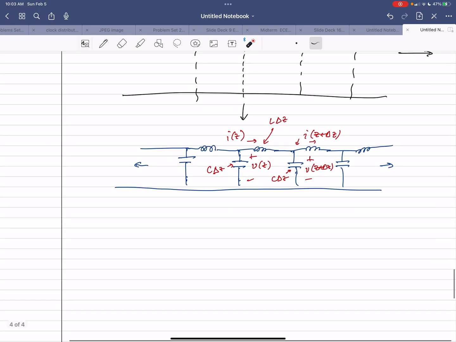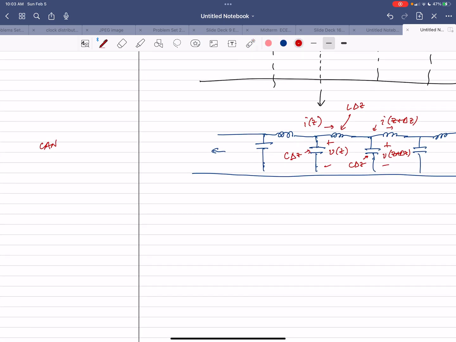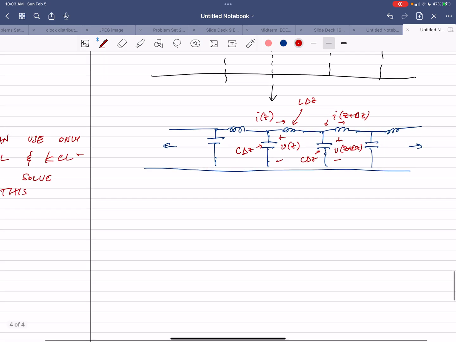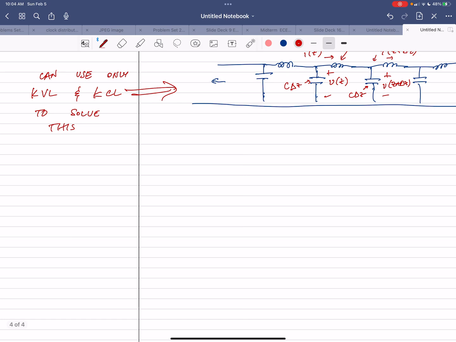As promised, I'm only gonna use Kirchhoff's voltage law and Kirchhoff's current law to solve this. Just as a reminder, here's a little aside on Kirchhoff's voltage law.